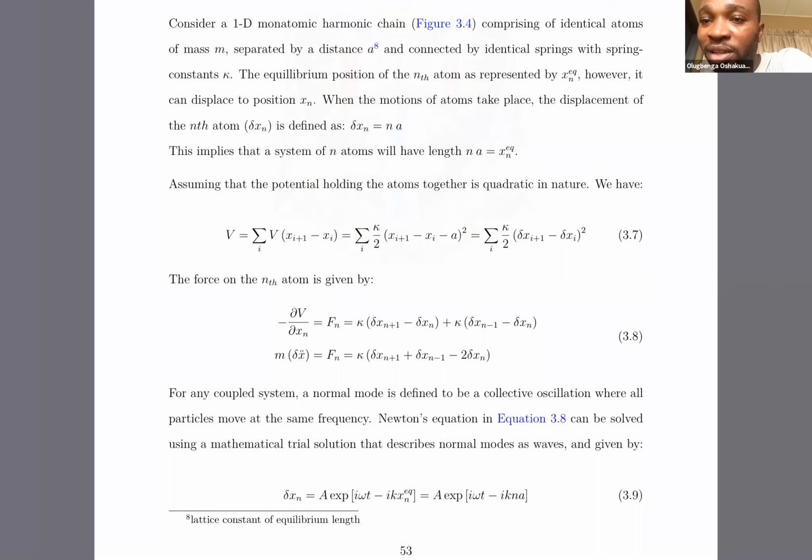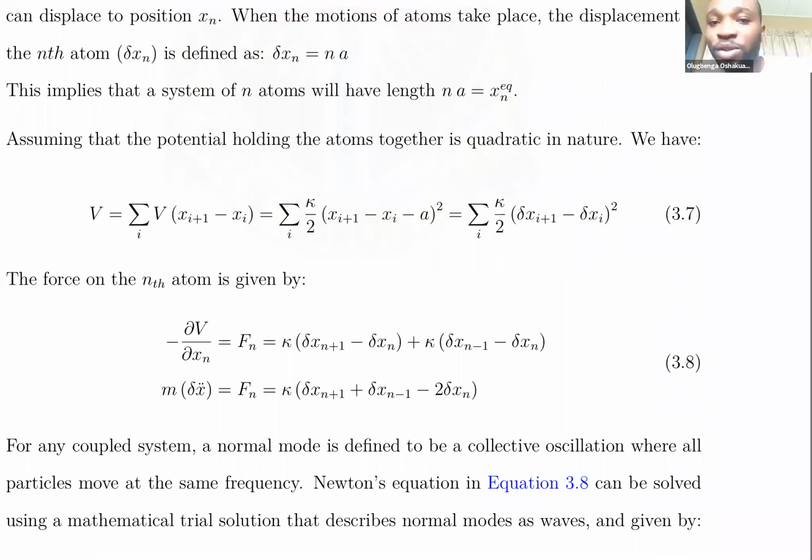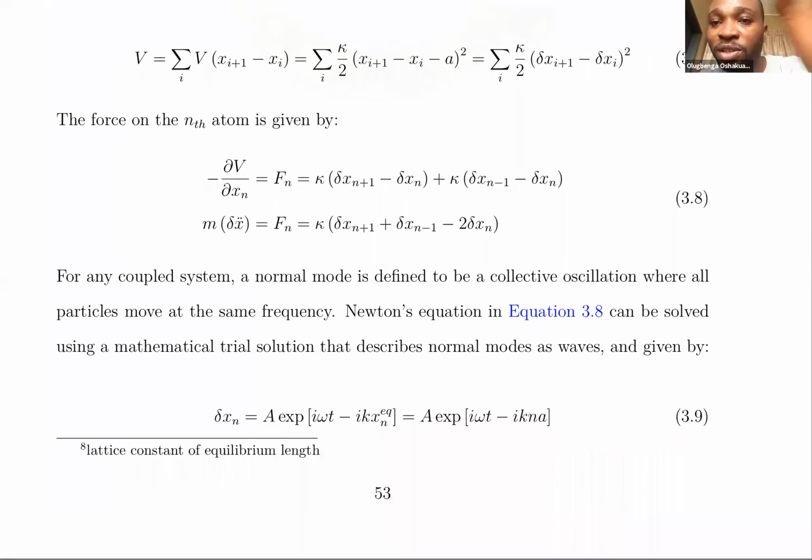replace the delta x double dot here with the second derivative of 3.9 with respect to time, multiply it with m.